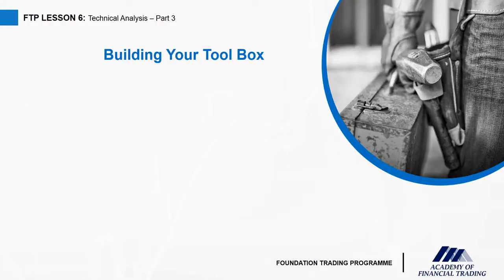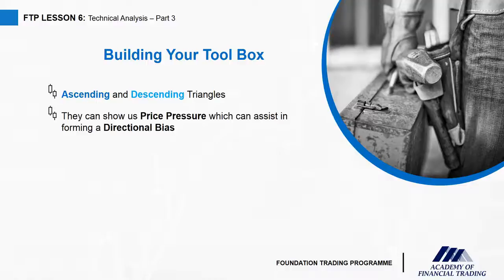So, building your toolbox. Ascending and descending triangles. They can allow us to see price pressure, which can assist in forming a directional bias. When I say a directional bias, what do I mean? Directional bias means we think it's heading in a certain direction and will continue to do so, and we expect to see a breakout in that favored direction.